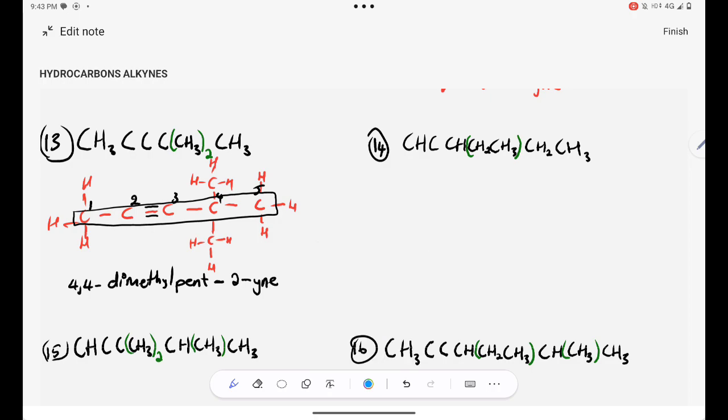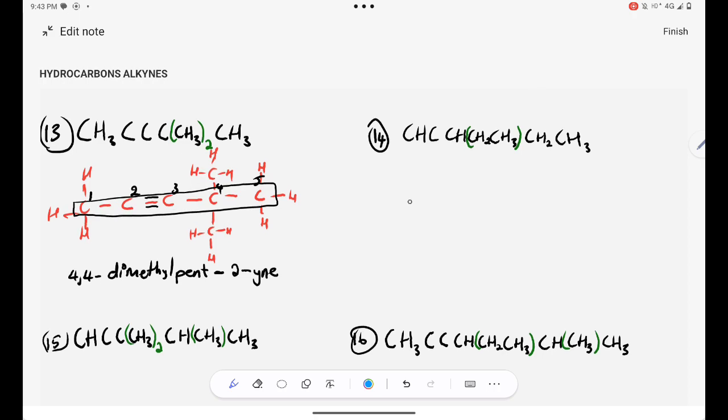Okay, now let's go to number 14. I have a CH over there, so it's a carbon with 1 hydrogen. Okay, and then I have a carbon like this, another carbon with 1 hydrogen, and CH2 and CH3 like that.